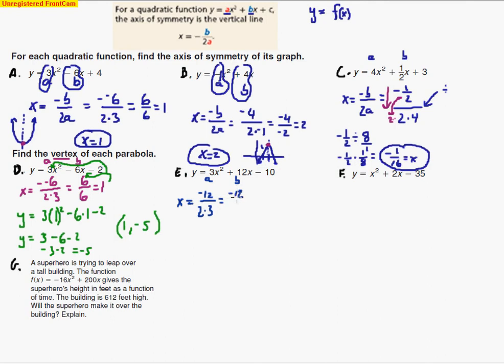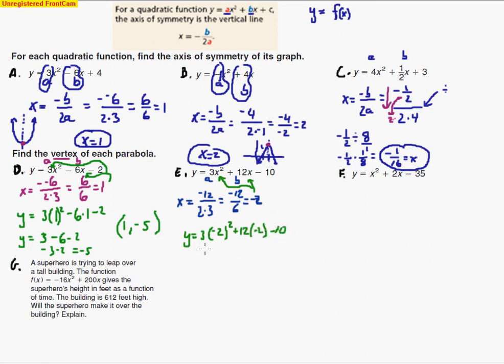So negative 12 over 6 makes negative 2. So you're going to take that negative 2 and substitute it in place of these x's in the equation above, and then find out what y is. So y equals 3 times negative 2 squared, and then plus 12 times negative 2 minus 10.